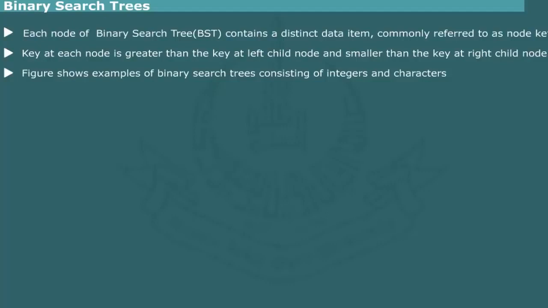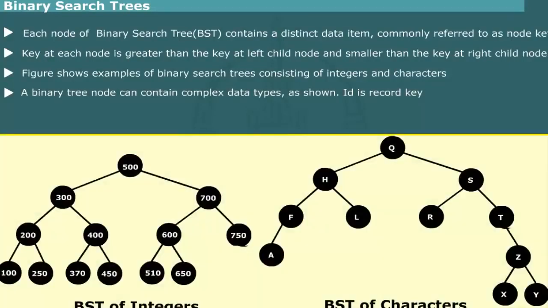In practice, nodes of a tree can contain simple data types such as numbers, characters, or strings. Figure shows some examples of binary trees containing numbers and characters. In many practical problems, such as databases, the nodes of a tree consist of records comprising several fields.